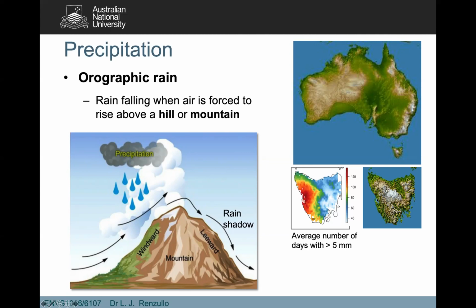Forgive me if I said this was the leeward side. This is actually the windward side. This is the leeward side. So if you look at the number of days where you're getting more than 5 millimeters in a year, generally, this is the area where Tasmania cops most of its rainfall.